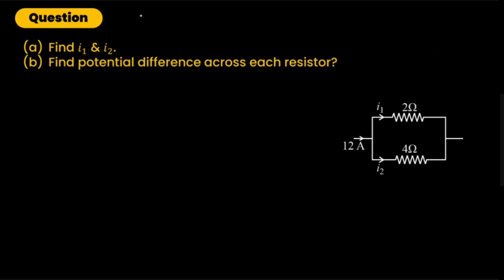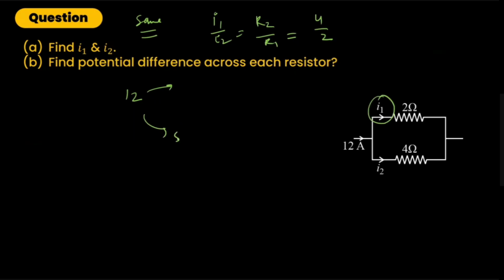Then again, it is the same question which we did earlier. Based upon the ratio, I1 to I2 is the opposite of R2 by R1. So it should be 4 by 2. Again the same thing: 66% of 12 should go through 2 ohm, and 33% of 12 would go through 4 ohm. So I1 and I2 can be calculated according to that.